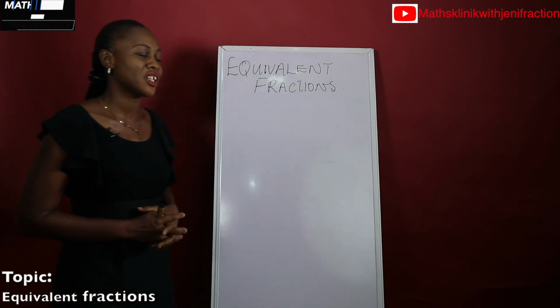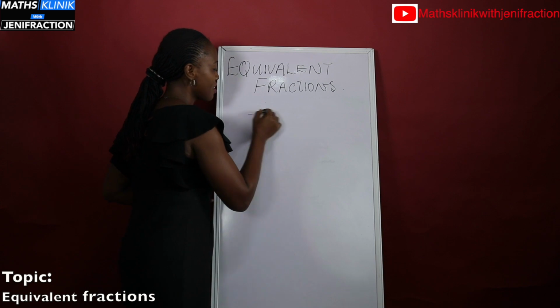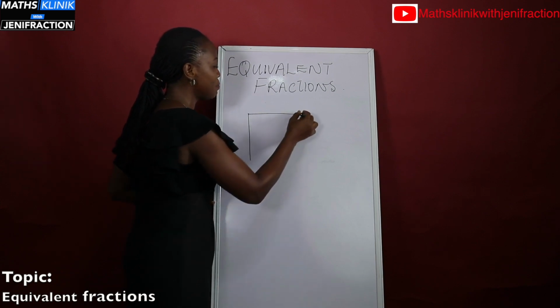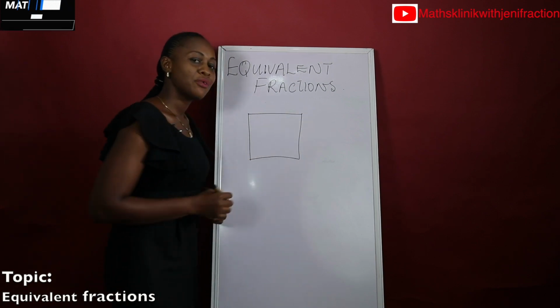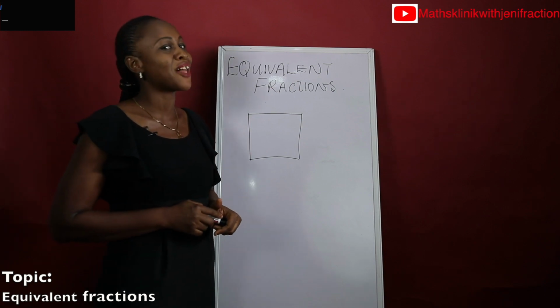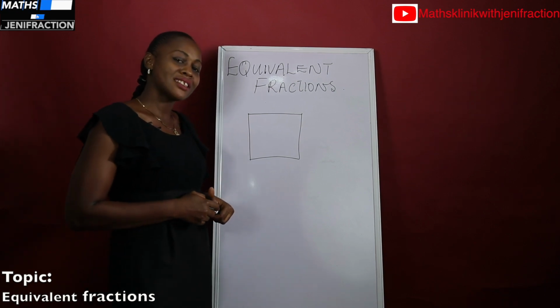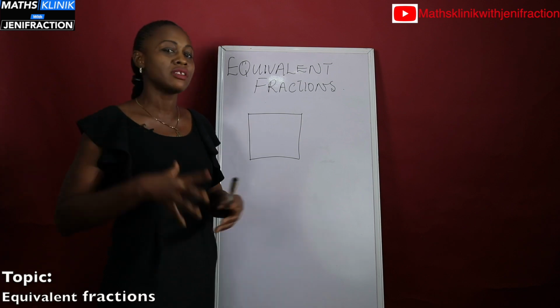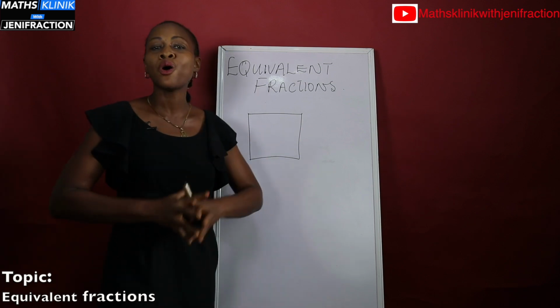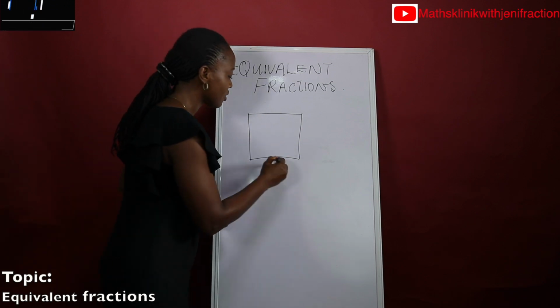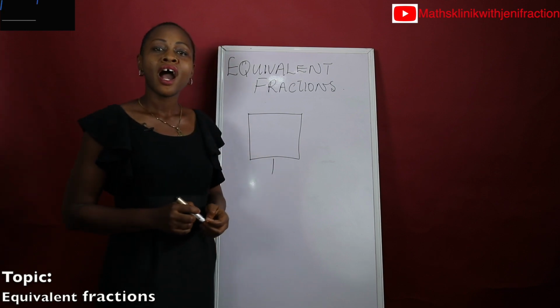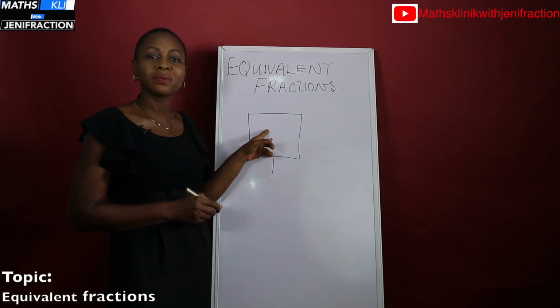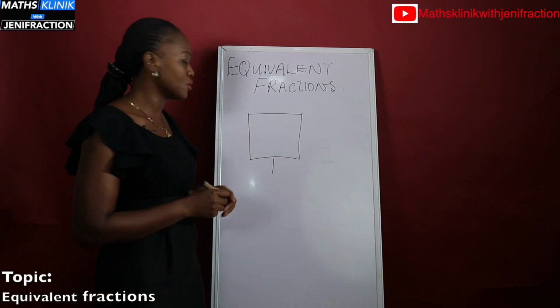Let's take this illustration. This is a whole biscuit. Remember, I said fractions are numbers. They are taken from a whole number. So this is a whole biscuit. I call it 1. I'm going to share my whole biscuit into 2.